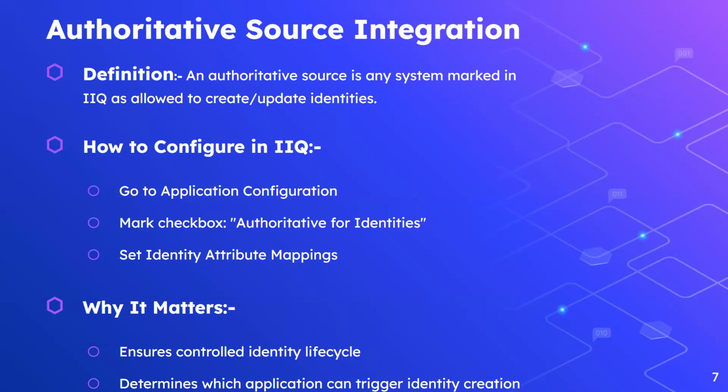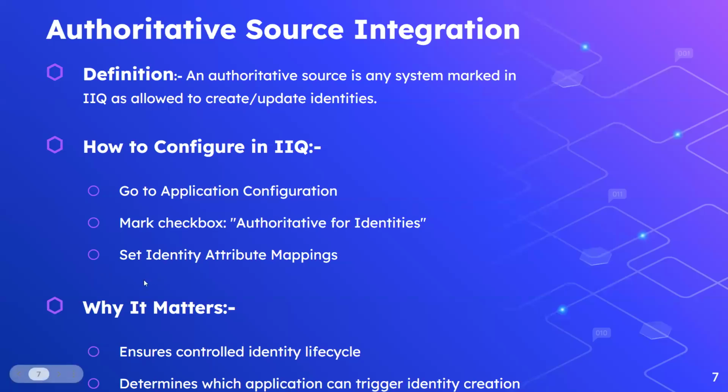And now coming to the configuration part. That is basically the way I have told you. First you need to go to the application configuration. Basically it is clicking on application, then application definition, and then you need to check the box, marking it as an authoritative source.